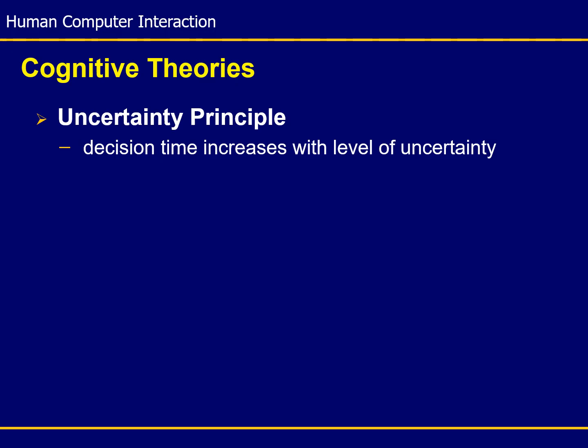Now, the third principle we're going to cover is called the uncertainty principle. In this principle, it simply says that the decision time increases with the level of uncertainty. Okay? The more options you have, and the more uncertain you are about them, the more time it takes you.